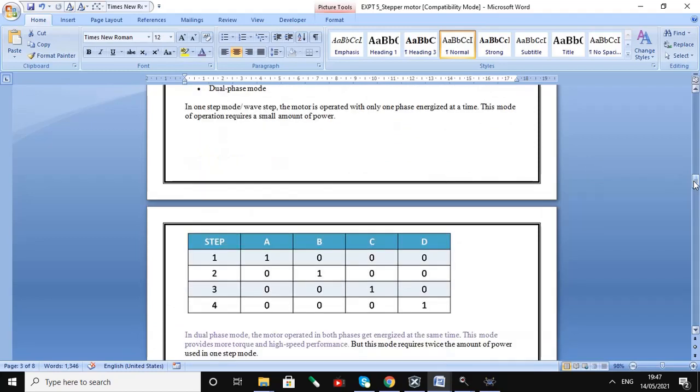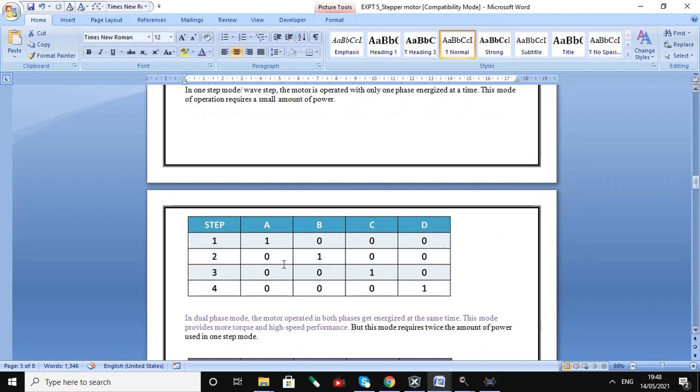This table explains the sequence of steps. Now A, B, C, D are the 4 windings, and the activation sequence of the windings is given in the table. So in the first step type, only one winding will be energized at one time.